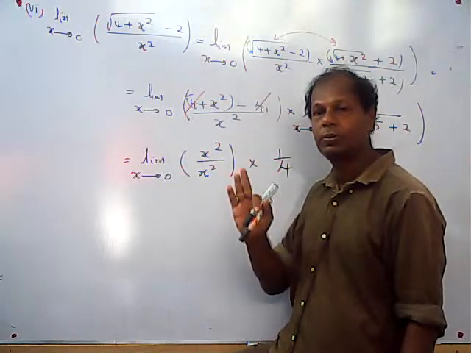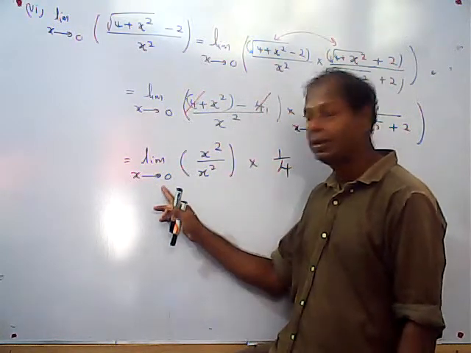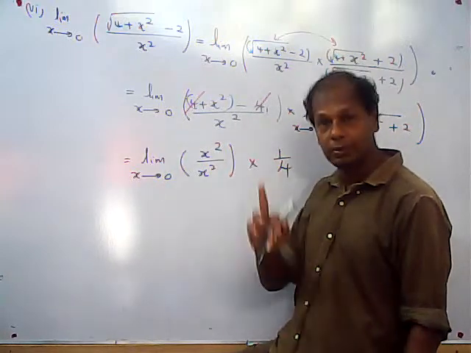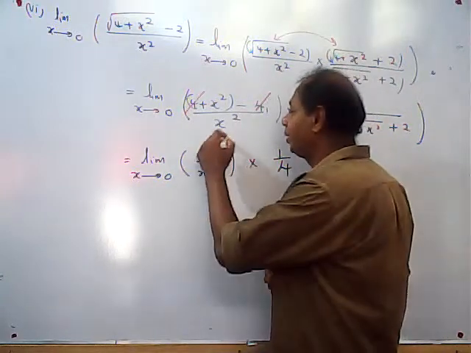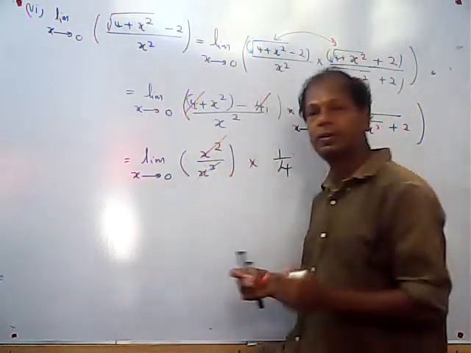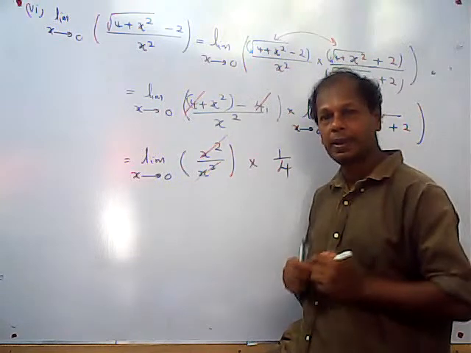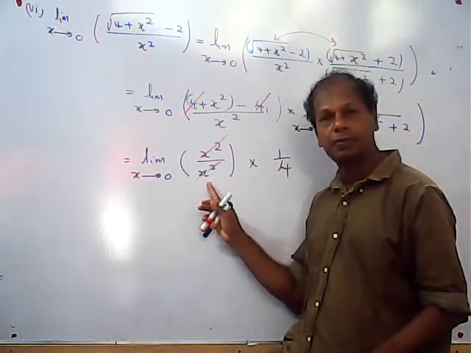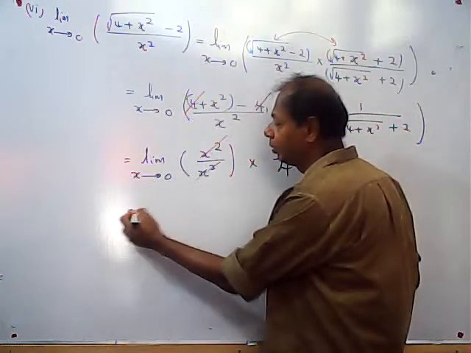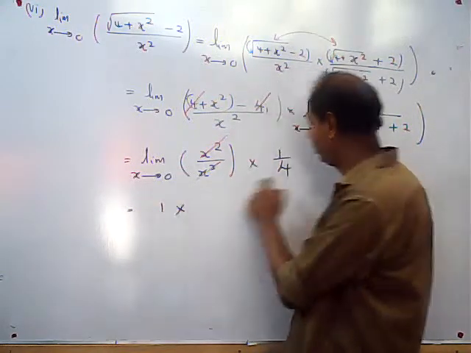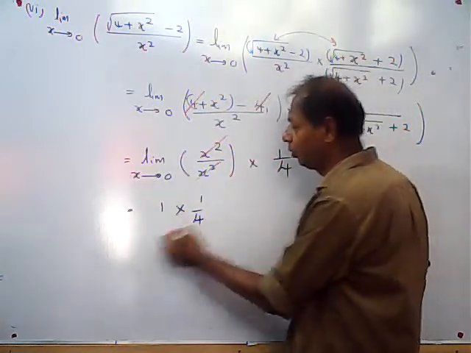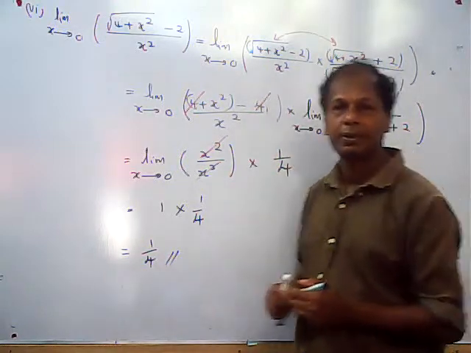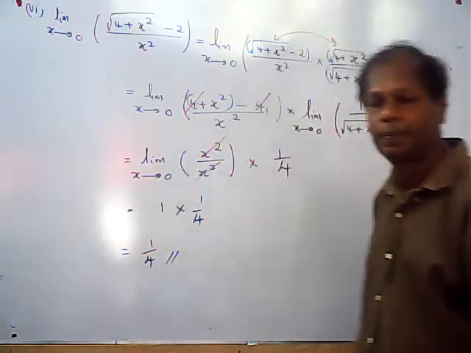So we don't want to see what happens at 0, but only as x tends to 0. So saying x is not equal to 0, we can cancel these two, leaving just 1 there. So it will be 1 times 1 over 4. Finally, the answer is 1 over 4. This is the limit, right?